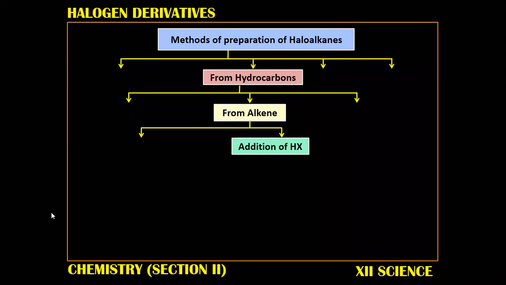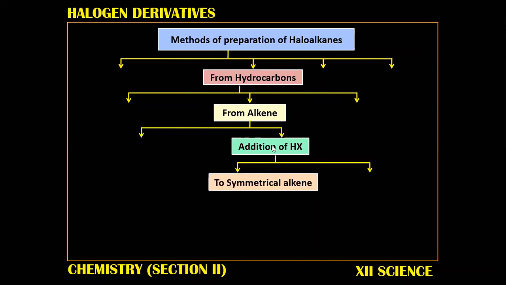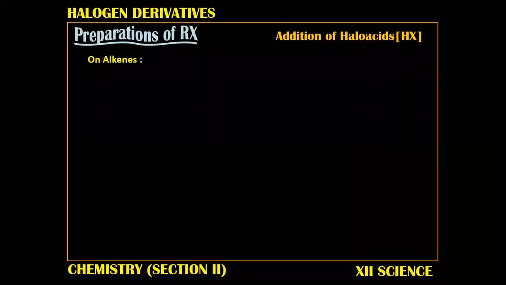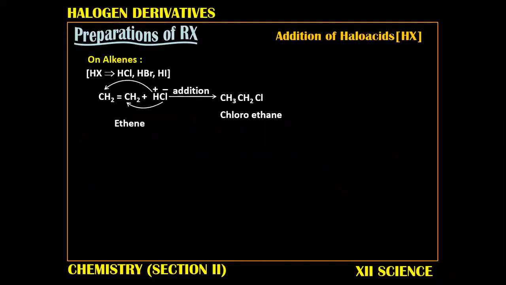This alkene, addition of hydrogen halide, is very, very important for all the students. Symmetrical alkene, unsymmetrical alkene, Markovnikov's rule, anti-Markovnikov's rule. When a symmetrical alkene adds HCl, one carbon gets hydrogen, one carbon gets chlorine. No change.